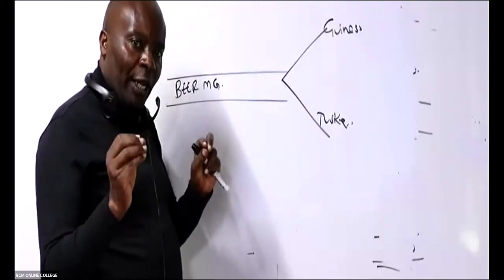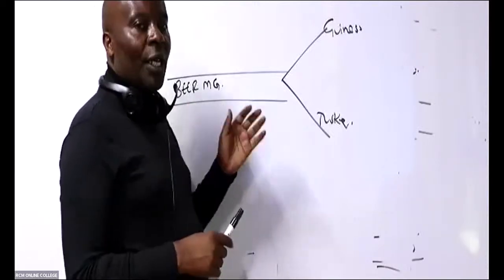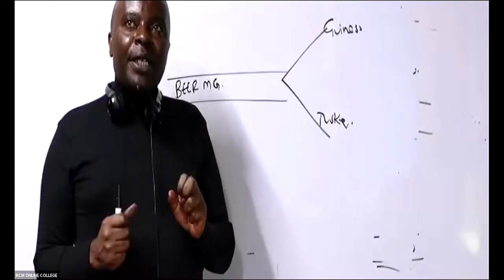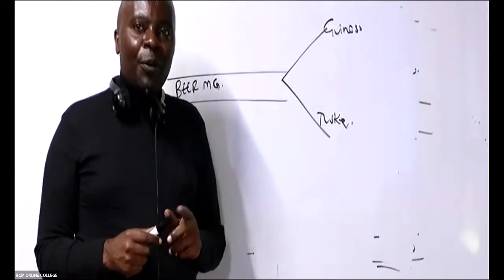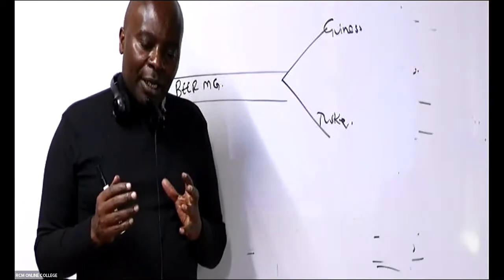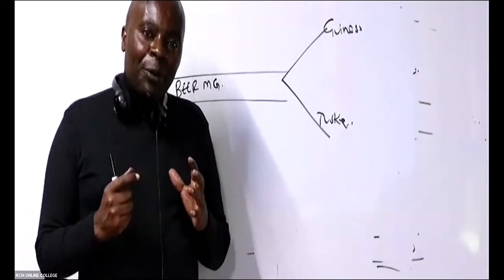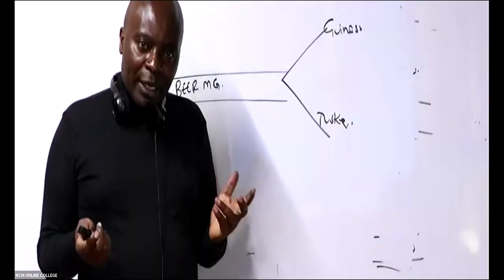But ladies and gentlemen, if, for example, a particular process leads to production of, say, 2 products, in this case you are producing chairs. You're a carpenter. So in the process of producing these chairs, you end up with 2 products. One product will be the chairs you are supposed to produce.